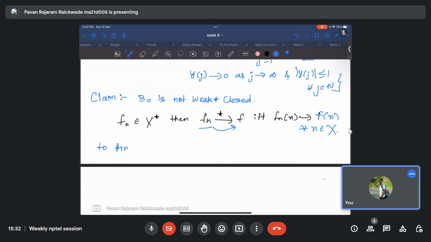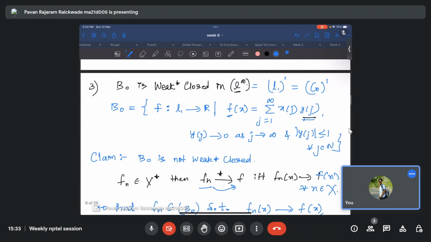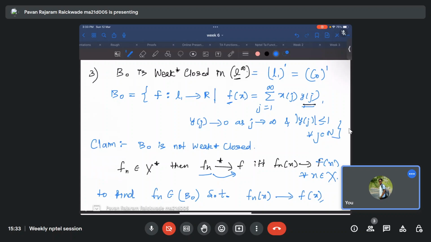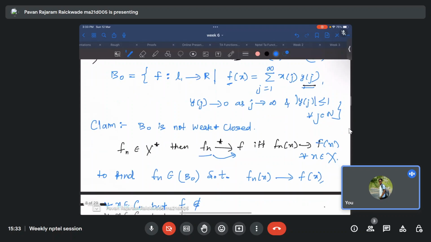The aim is to find Fn in C naught dual. There is something problem in this.